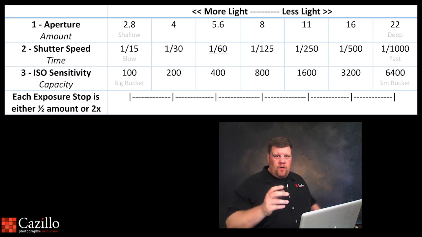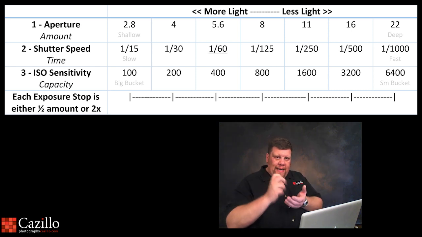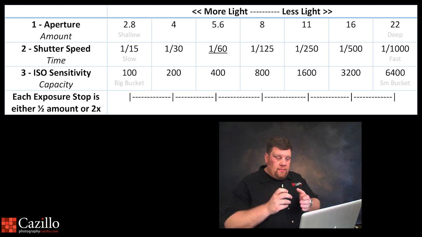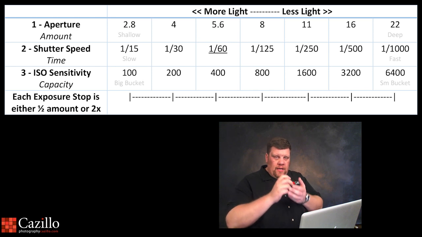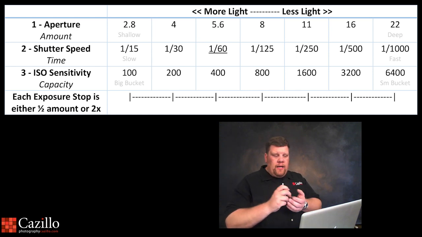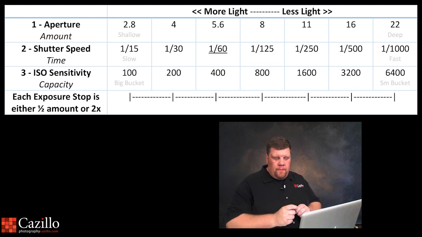It's kind of a blur from not holding the camera steady enough, because under a 30th, a 15th of a second, basically under a 60th, you can very easily have just a tiny little bit of motion from breathing, from getting bumped, and it's a longer amount of time, which means that your photos can have a little bit of a blur to them, and they won't be tack sharp.